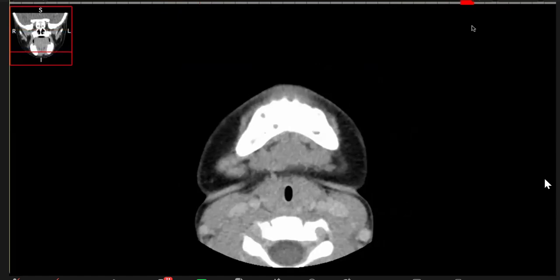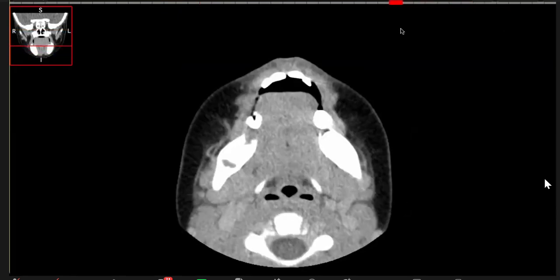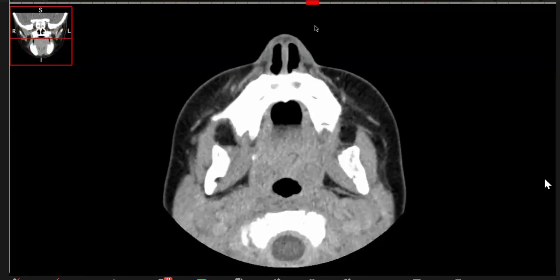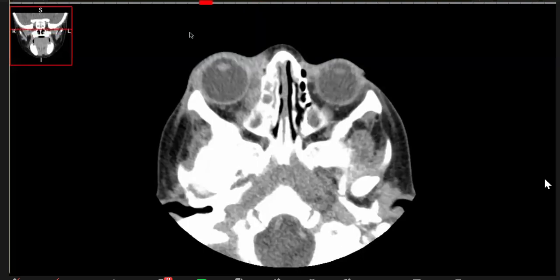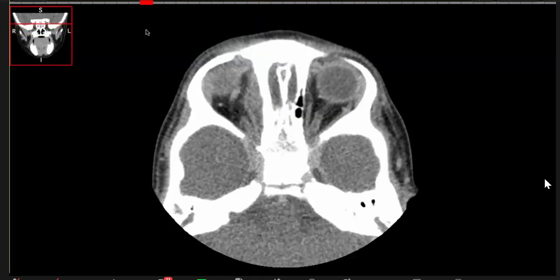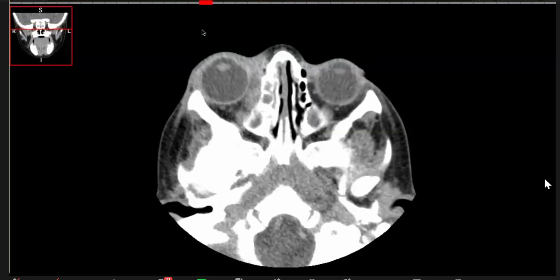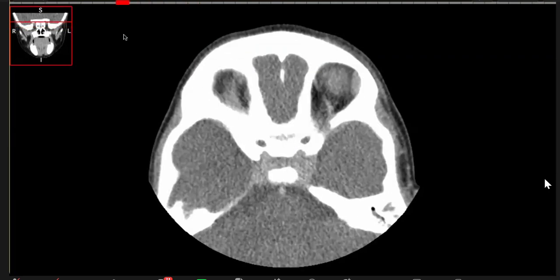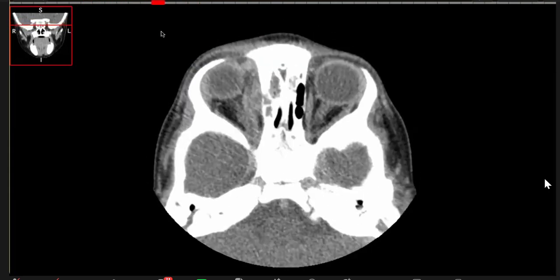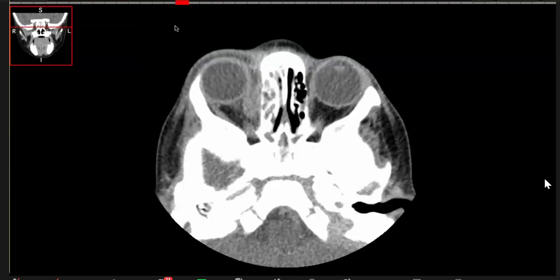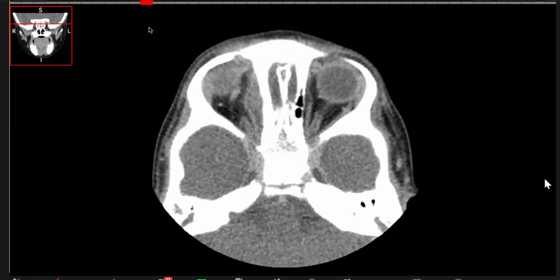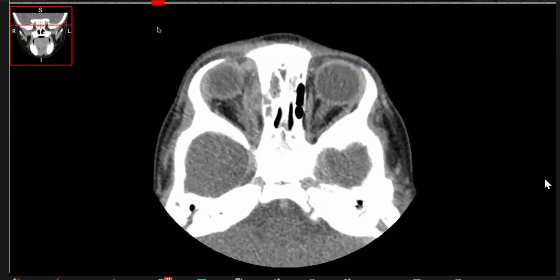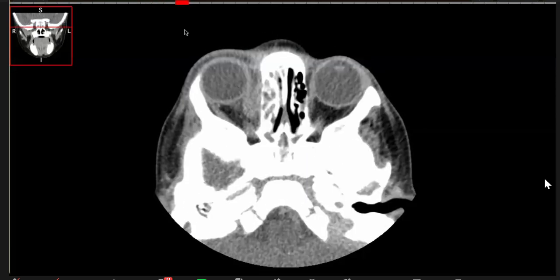I am looking at the rest of the images. The left orbit appears unremarkable. There is also opacification of the right ethmoid cells. The right optic nerve appears to be mildly displaced.